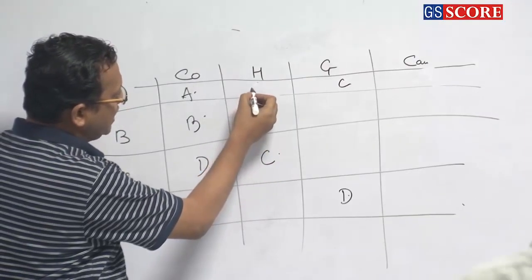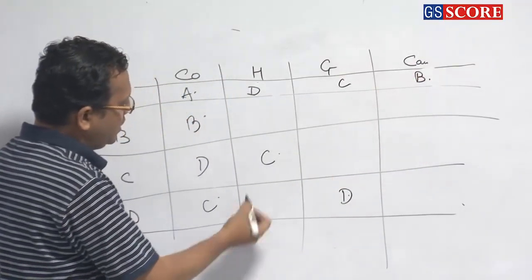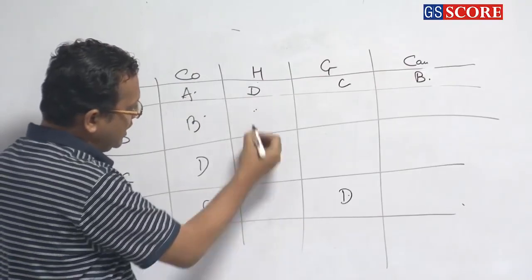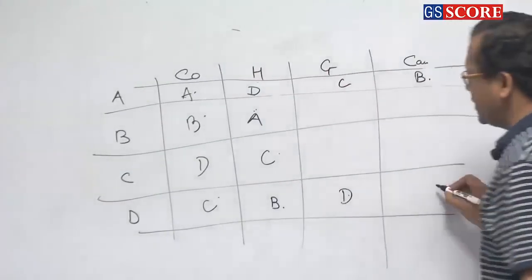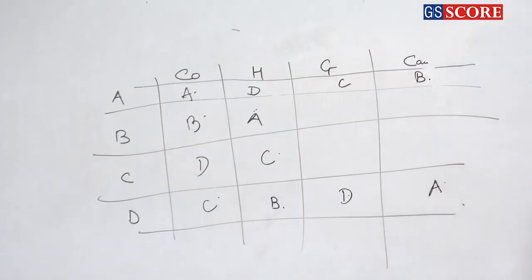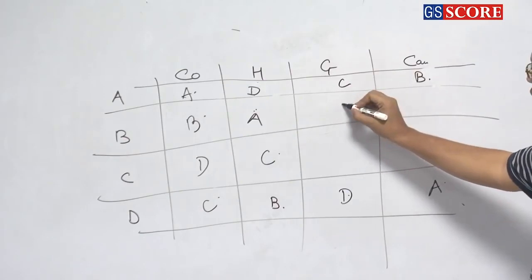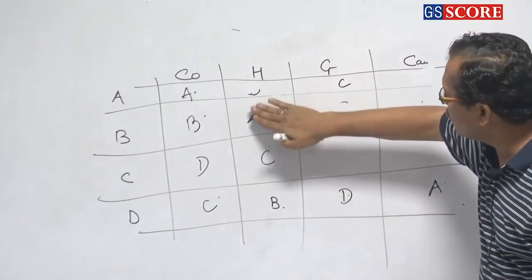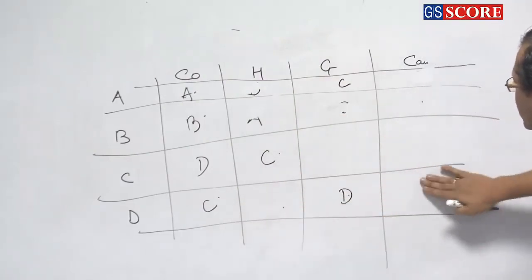If I put say D here and I put B here, so let's put it like so: D, A, C, B, C, B, D, A. Now here B or D, so D or B, so it is wrong here, which means this is wrong here.